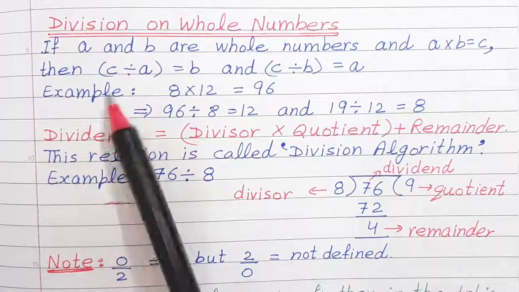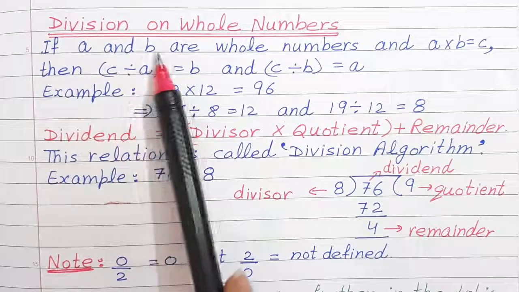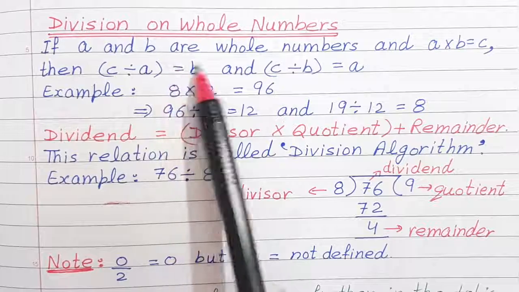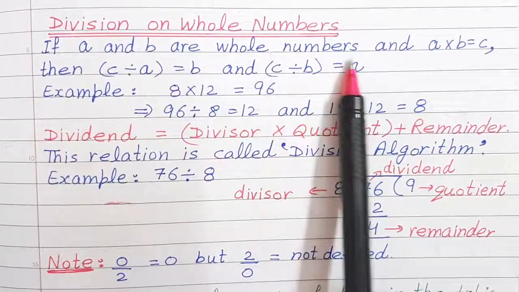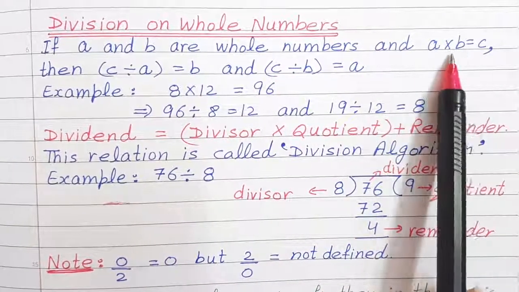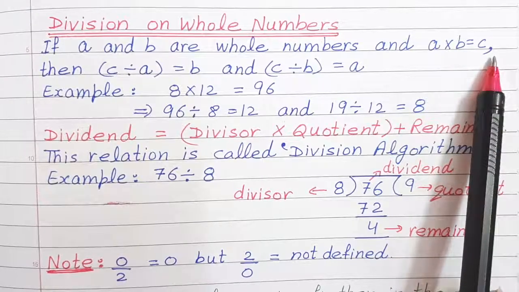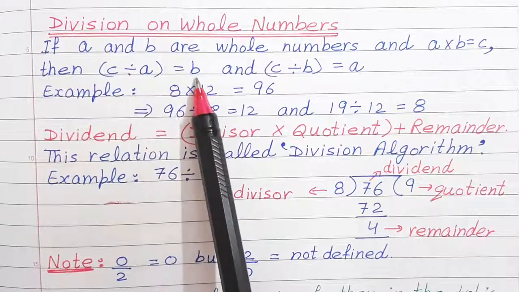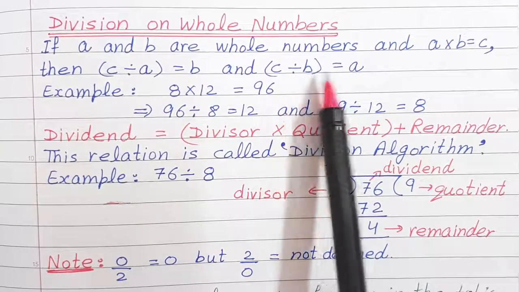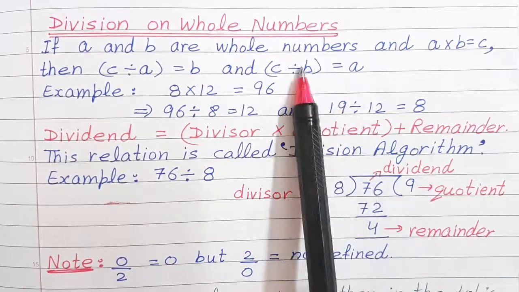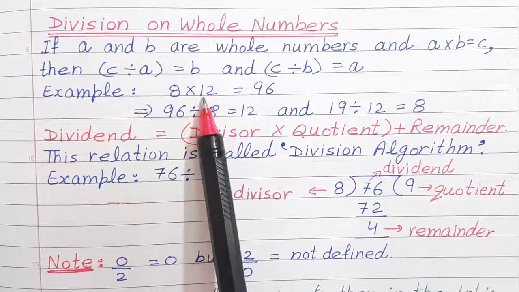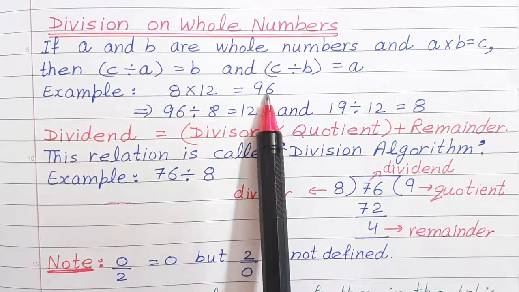Now children, let us discuss division on whole numbers. If A and B are whole numbers, then A multiplied by B is equal to C. Then C divided by A is B and C divided by B is A. Now let us try to understand this with the help of a very simple example. 8 multiplied by 12 is 96.